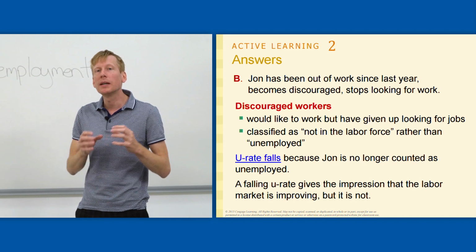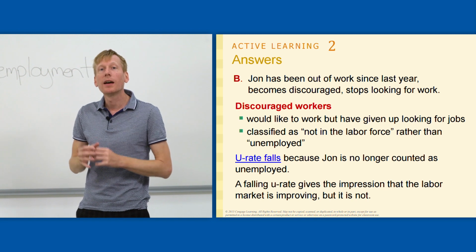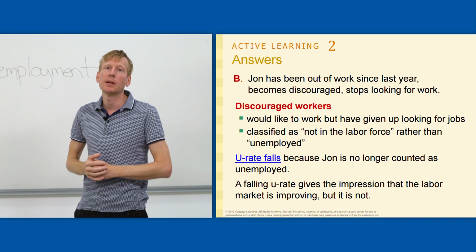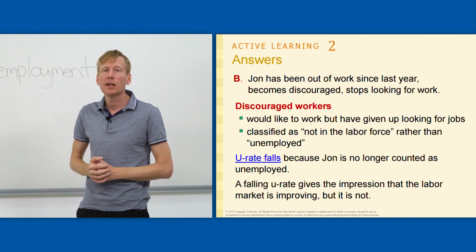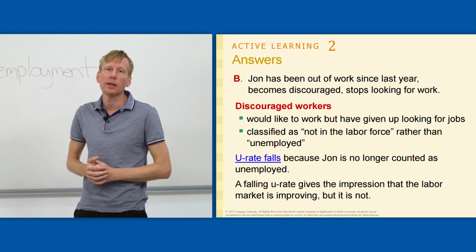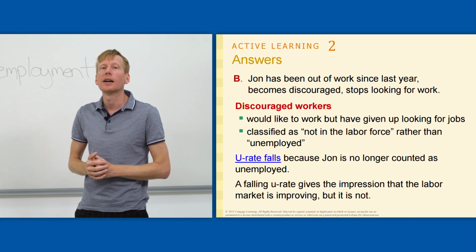So John went from being unemployed last year to being no longer a labor force participant, not participating in the labor force in this month of this year. So our labor force has contracted as John gave up looking for a job. Our labor force participation rate has fallen.